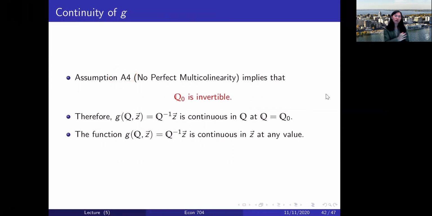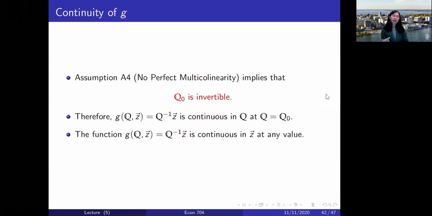So now we have used all 4 assumptions. So the limit of Qn is invertible. Therefore, the g function that we defined, g equals q inverse times z, is continuous in q at this limit point of Qn, and it's clearly continuous in z at any value.